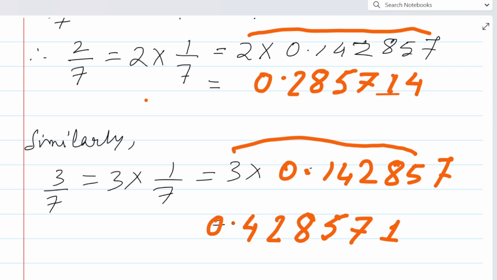And before this, 0 point, this one. So you can put a bar on top of this. So this is your 3 by 7.